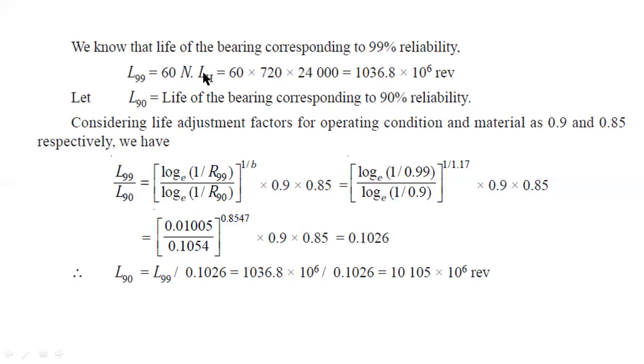So 60 into L_H minutes, multiplied by n, gives the life of bearing in revolutions, equal to 1036.8 into 10 power 6 revolutions. 10 power 6 revolutions is equal to 1 million revolutions.